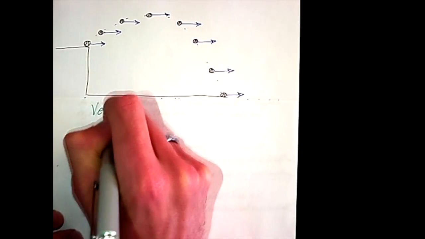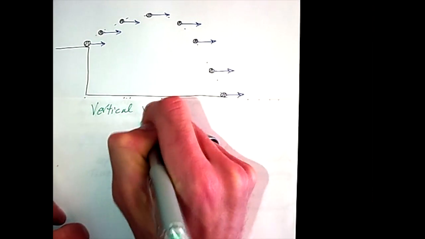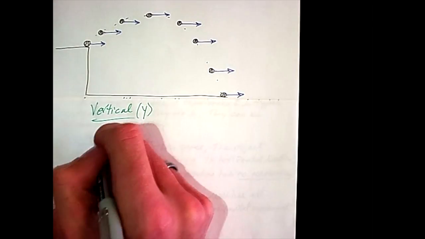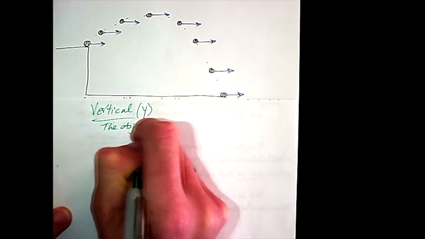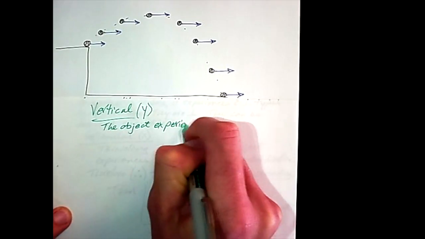Change colors so we can keep things straight. In math class, we learned the vertical direction is y, and we're going to stick to that for now, or forever. And in the vertical direction, the object experiences free fall.